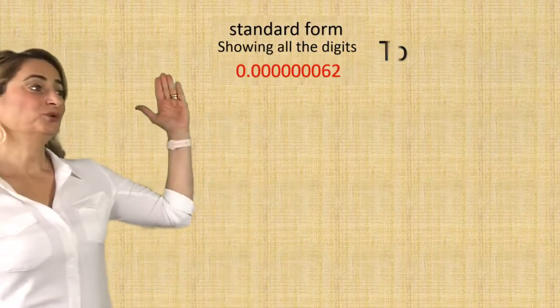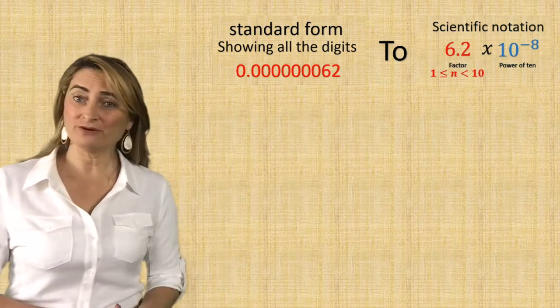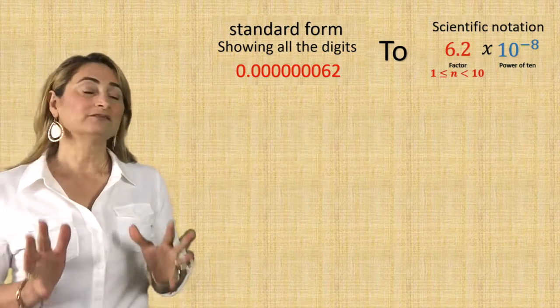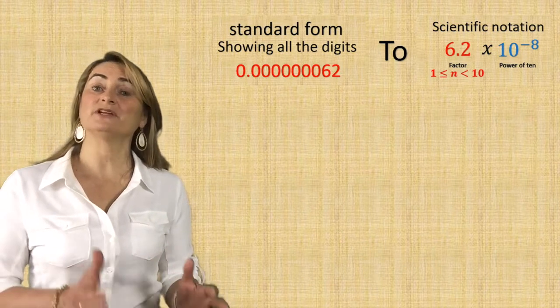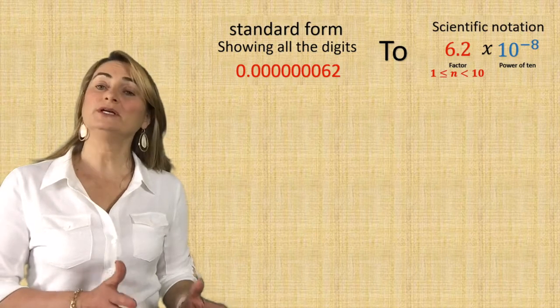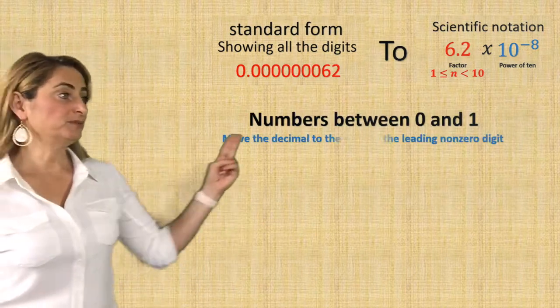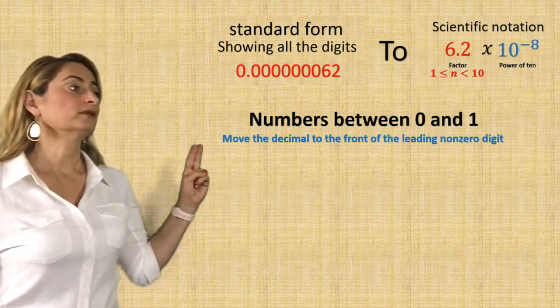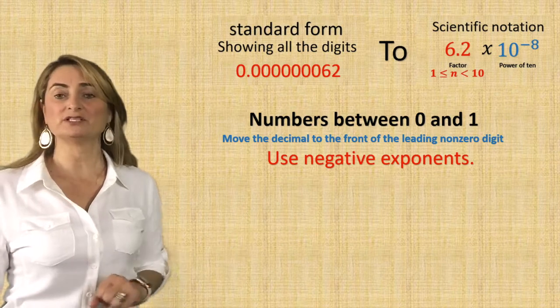So in conclusion for today's lesson, when you're writing number from standard form to scientific notation form, look for the two clues. Is the number between 0 and 1, which means is it a very small number, or is the number more than 10? If the number is between 0 and 1, then move the decimal to the leading non-zero digit and use negative exponent.